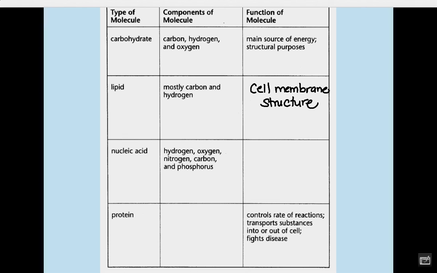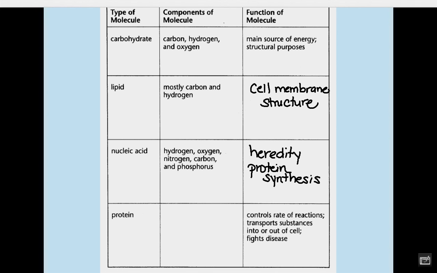Nucleic acids contain hydrogen, oxygen, nitrogen, carbon, and phosphorus, and their function is heredity and protein synthesis. The proteins, I'm sorry, not the nucleic acids, the proteins, control the rate of reactions, like with enzymes, transfer substances into or out of the cell, so that would be our receptors, and fight disease, that would be antibodies.